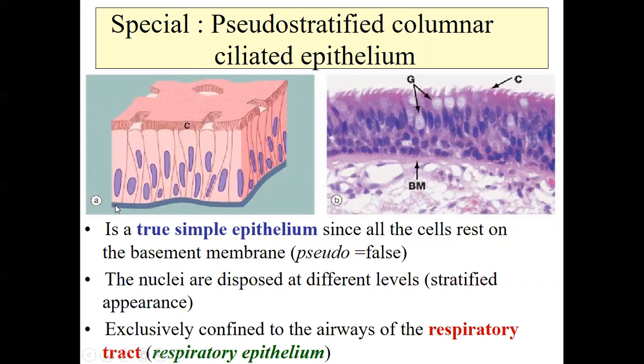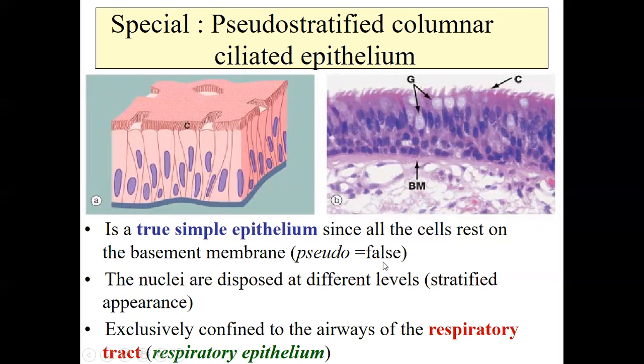Because you can see that all cells rest on the basement membrane. Pseudo here means false. Due to the nuclei being located at different levels, it appears like more than one layer. It looks like this epithelium is stratified.